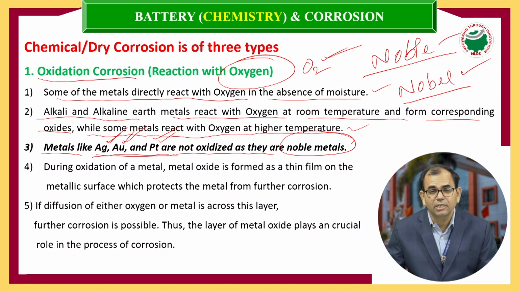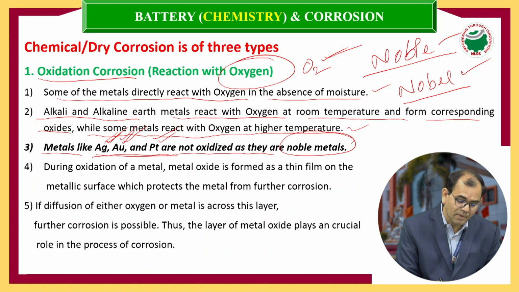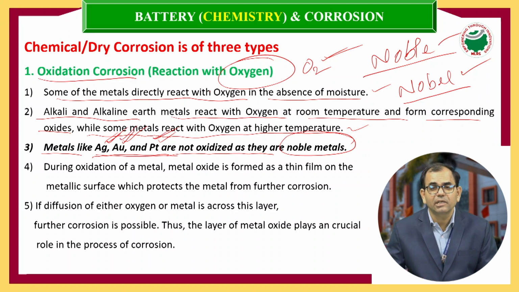Why? What could be the reason? The octet electronic configuration, or valence shell, of these metals is completely filled. That is nothing but the octet rule. When we talk about the octet rule, the outermost shell should be filled with complete electrons. That means that metal will be called an inert metal. That's why silver, gold, platinum are inert metals.